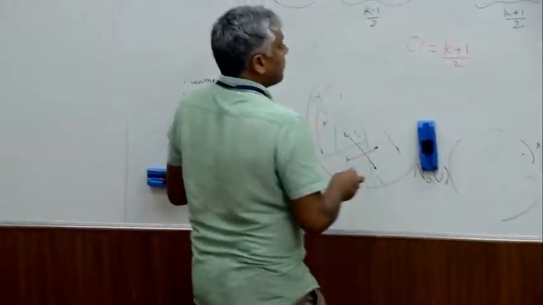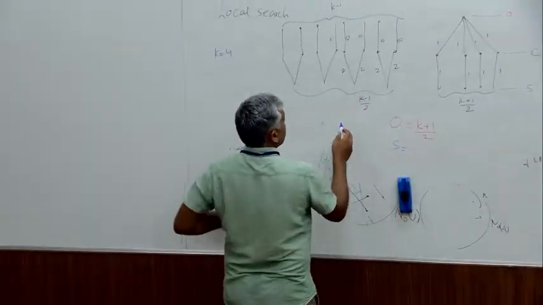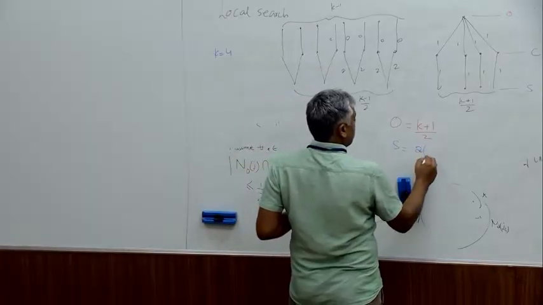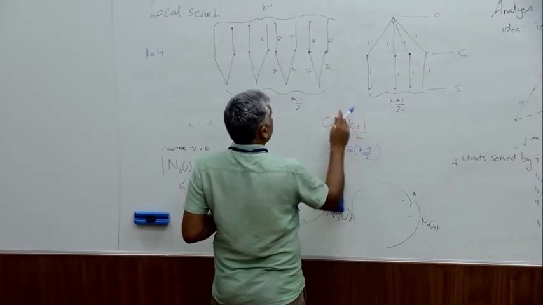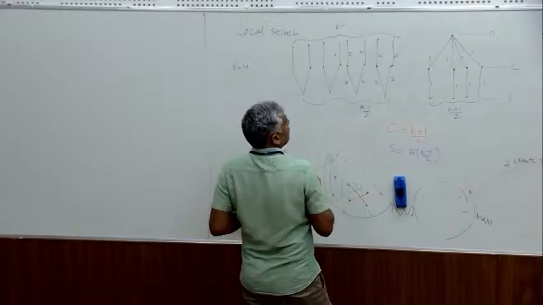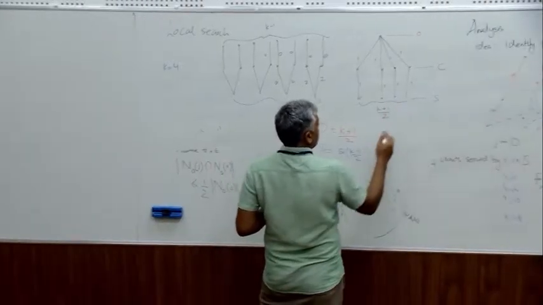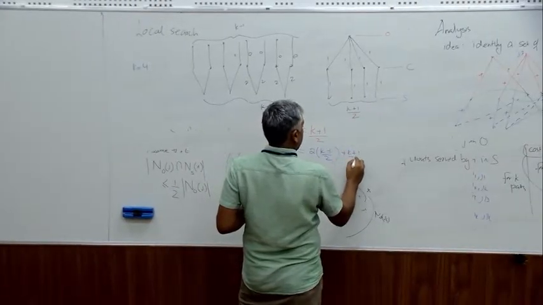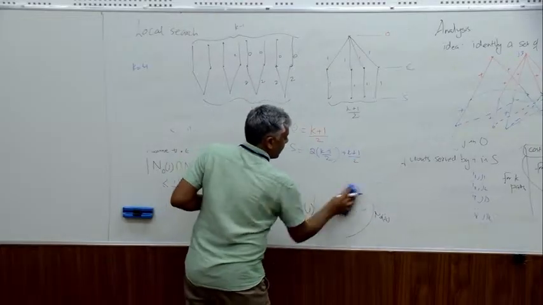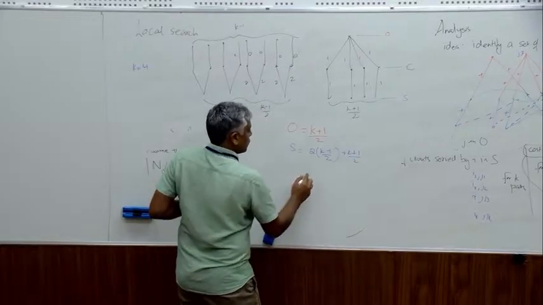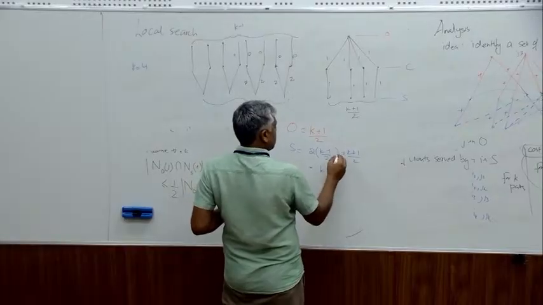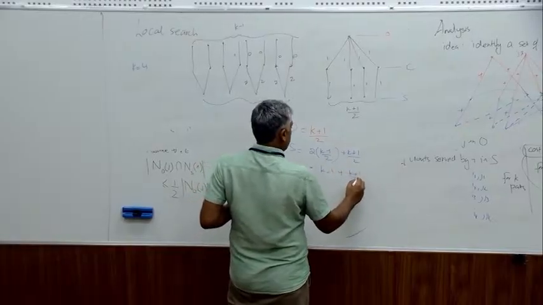The locally optimum solution S has a cost of 2 times k minus 1 by 2, for these clients, and then another k plus 1 by 2. So this is k minus 1, this is k plus 1 by 2.